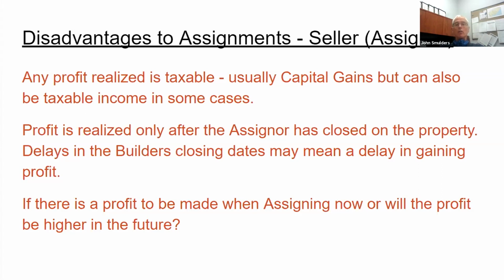Profit is realized only after the assignor has closed on the property. Delays in builders' closing dates may mean a delay in gaining profit. Okay, so the closing date is 6 months from today. The seller assigns it. He plans to get that money in 6 months, but in 3 months, 90 days prior to the closing date, the builder, through the carry-on warranty, extends the closing date by another 3 months.